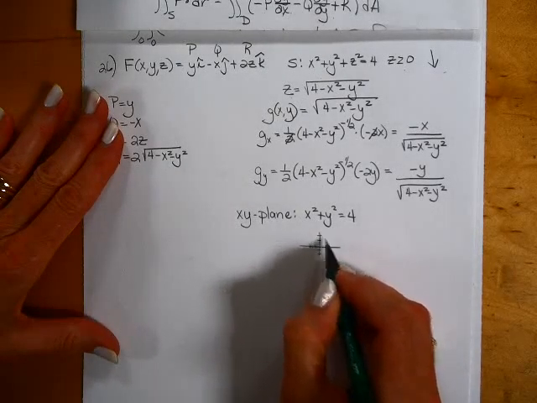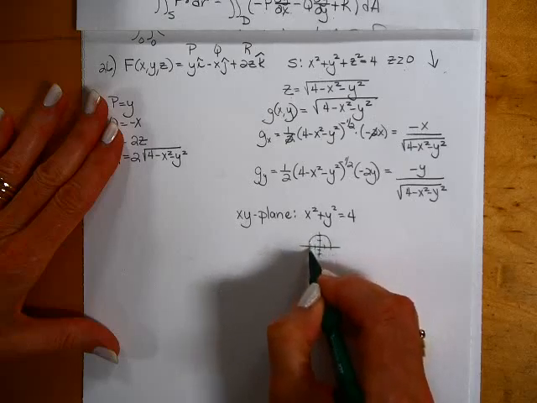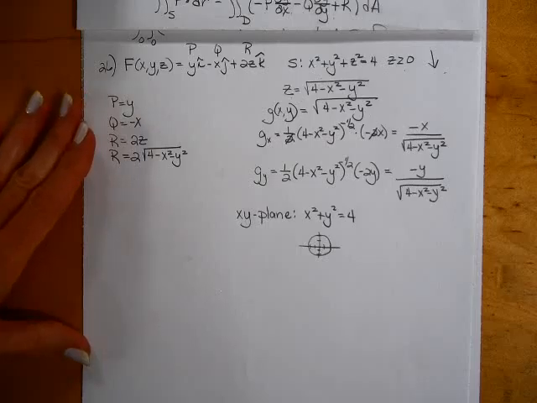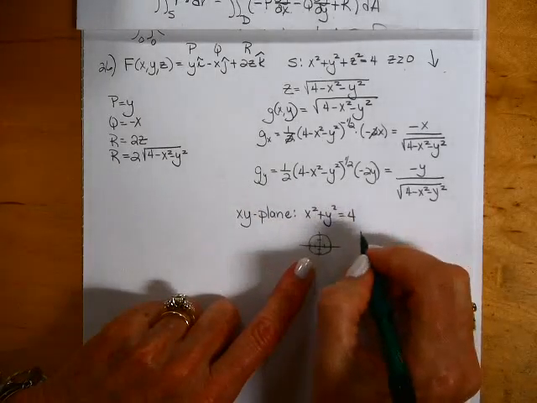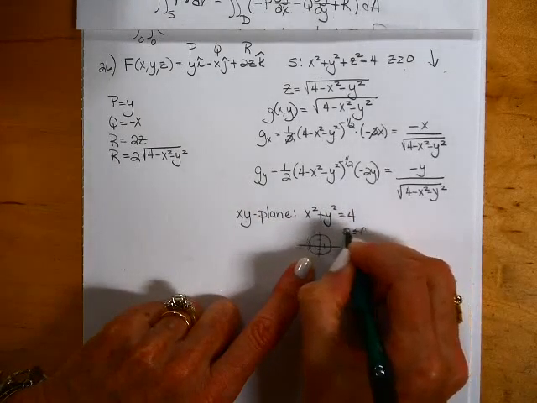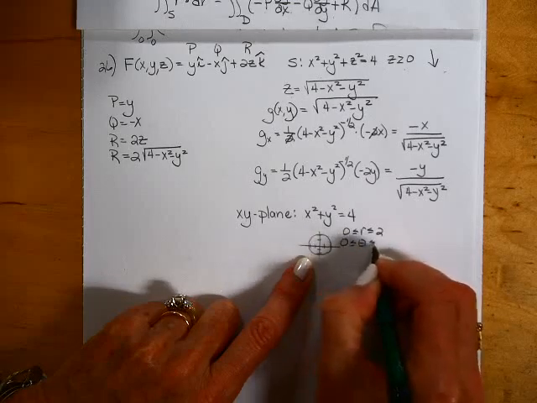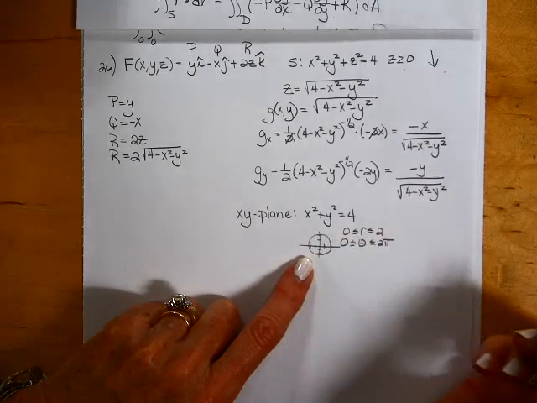Circle with a radius of 2. So I am changing this to polar coordinates to get my limits of integration because it is circular. So if I change it to polar coordinates, my r is ranging from 0 to 2. My theta is going 0 to 2 pi.